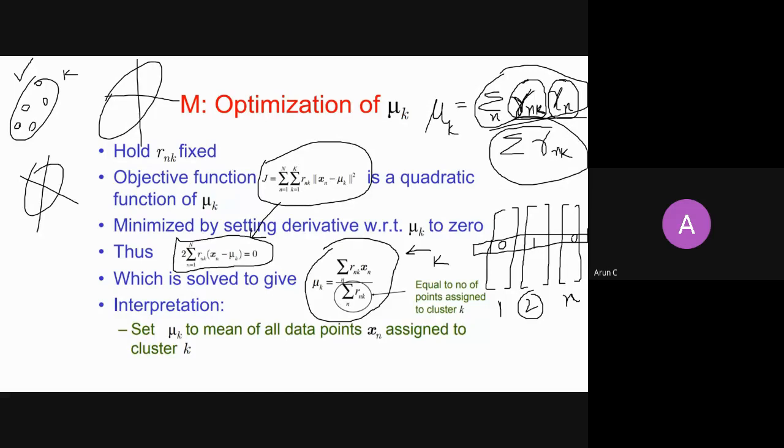Very good, Vedant. It is the number of samples in the cluster. No, Amitabh, it is not n. Say there are a total of 100 samples. It may be possible there are 50 points in this cluster, 25 points in this cluster, and 25 points in this cluster, right? So I am seeing only those points which belong to the kth cluster, so it is some number of samples in the kth cluster. You understood this?